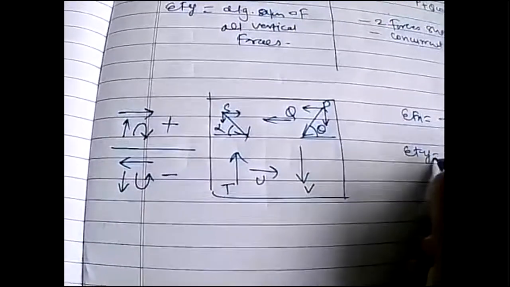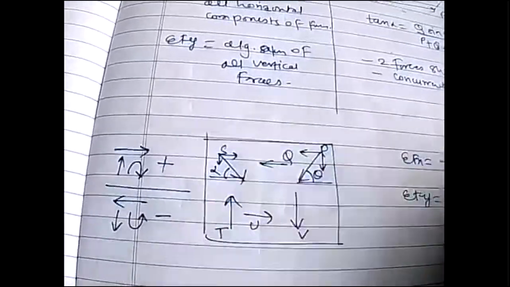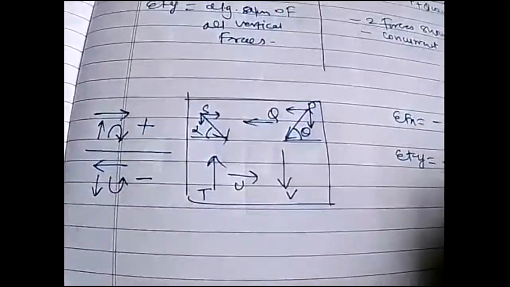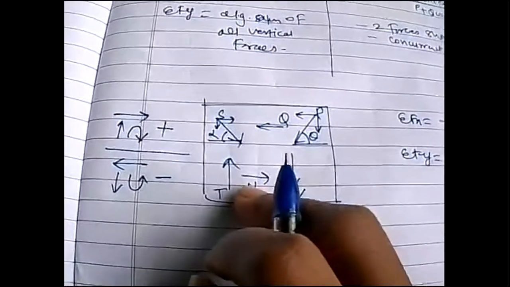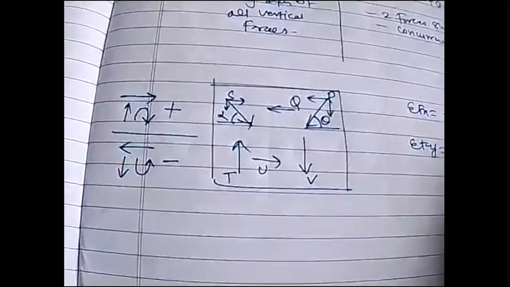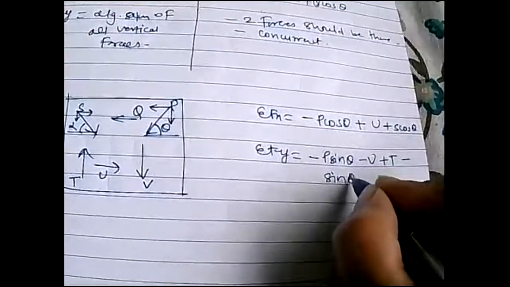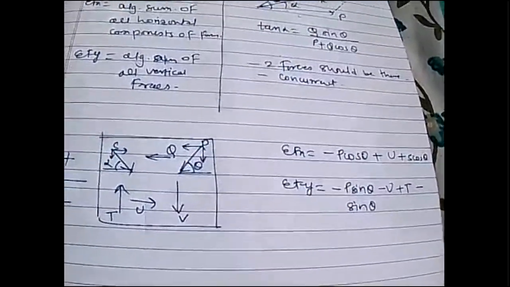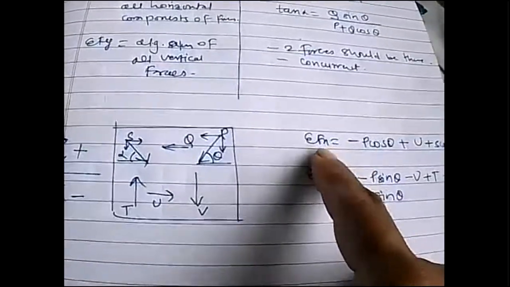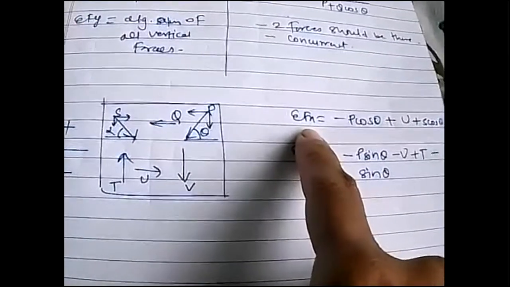Then summation Fy is equal to, from here I'll start negative. Why? Because going downward: P sine theta. Then minus V, U will not be there in summation Fy, plus T, then minus S sine theta will be there. So in this way, we have worked out summation Fx and summation Fy. Let me tell you one more time: summation Fx is the algebraic summation of all horizontal components.